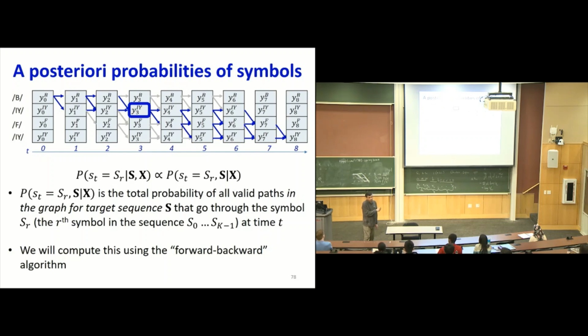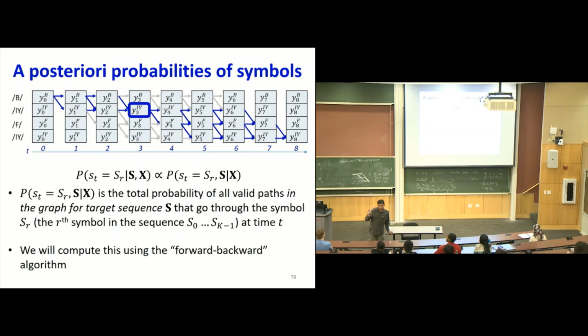Right? So this term here is proportional to the probability of the subgraph that I have shown over here. Every path that goes through this particular box. This is key. Is that clear to everyone? Michael?